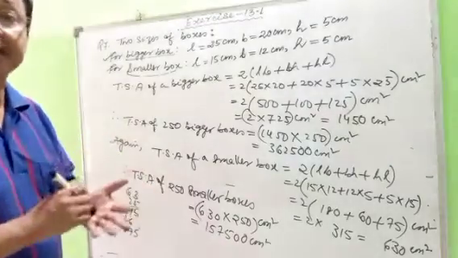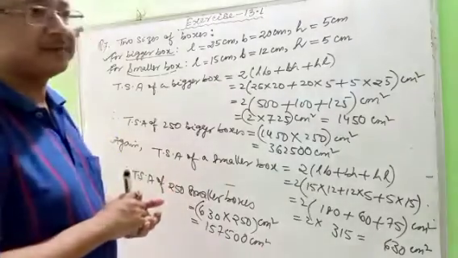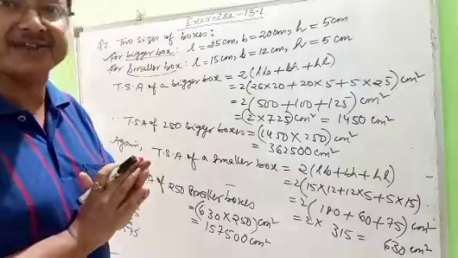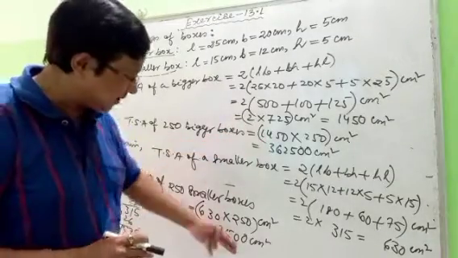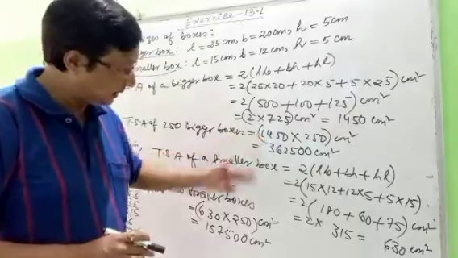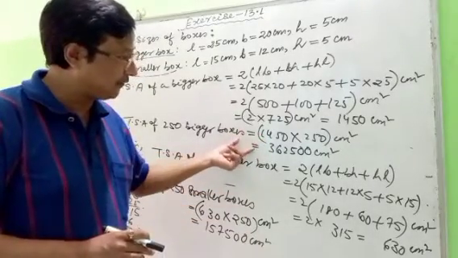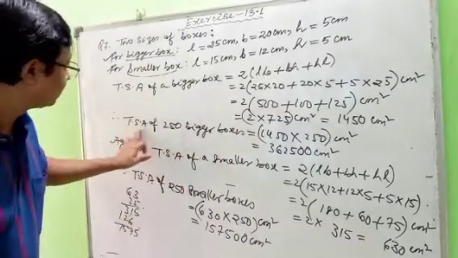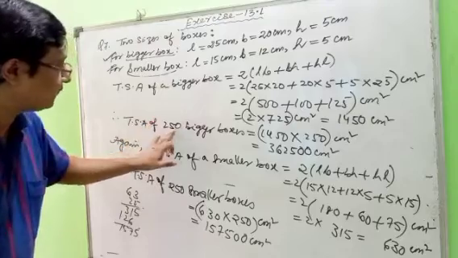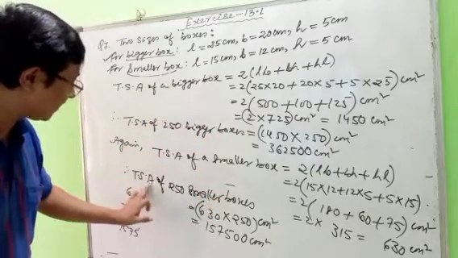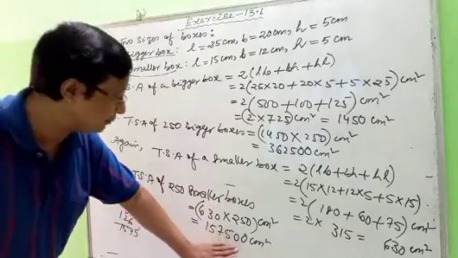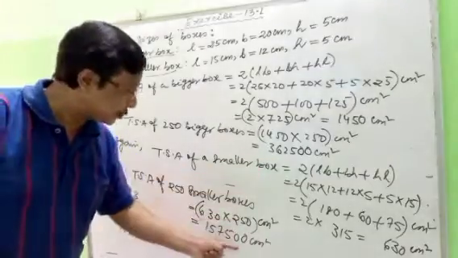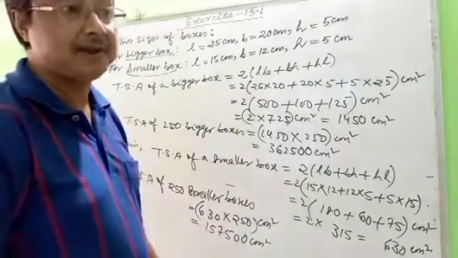Now for all the overlappings, 5% of the total surface area is required extra. These two are the total surface area of 250 boxes of the two kinds. So you will add the total surface area of 250 bigger boxes with the total surface area of 250 smaller boxes, and after adding these two, you are going to find the extra area of cardboard.